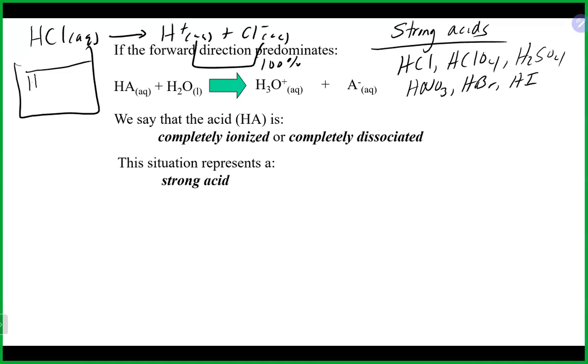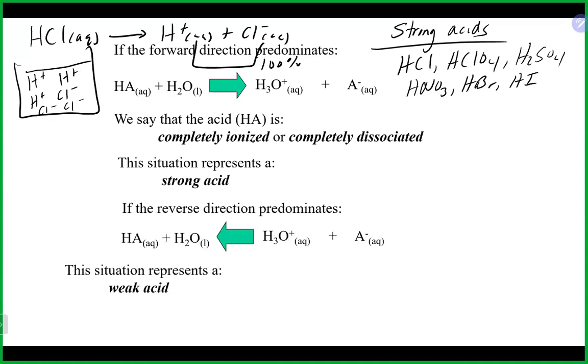So you would have none of the HCl units still together. It would all just be hydrogen ions and chloride ions in the solution floating around. That is why, again, it's a strong acid, because all it has to do is go into that solution and it's going to create a lot of H plus really, really quickly and will completely break apart. None of it is going in the backwards direction there.